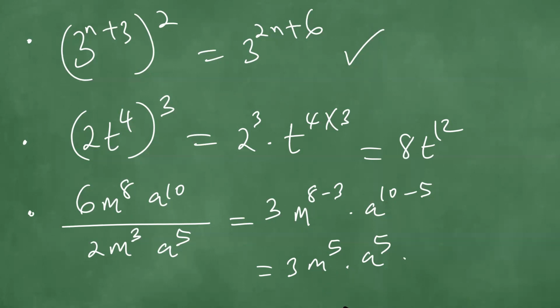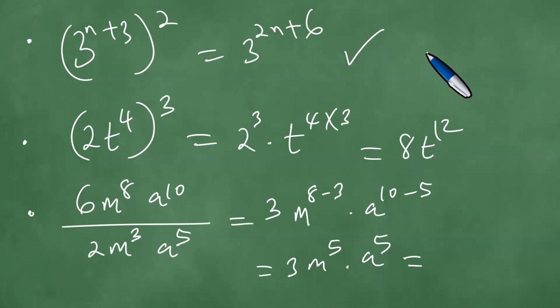Then you can multiply the a and m. What do you get? 3 times m to the power 5 and a to the power 5. The powers are the same but the bases are different.